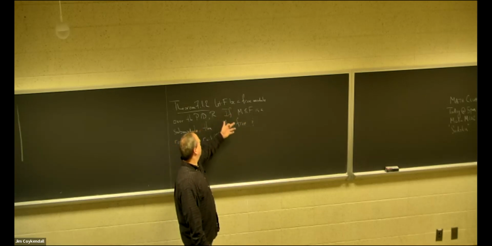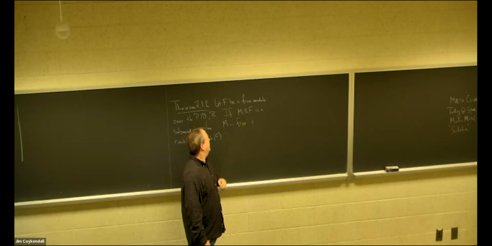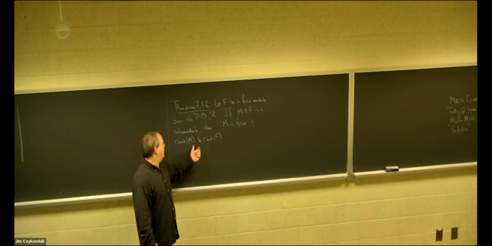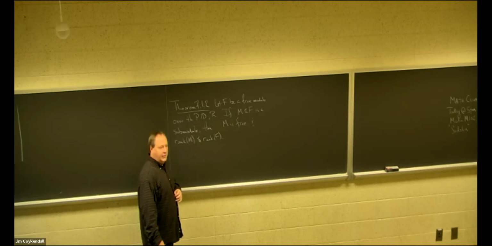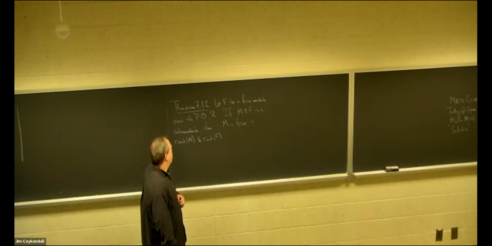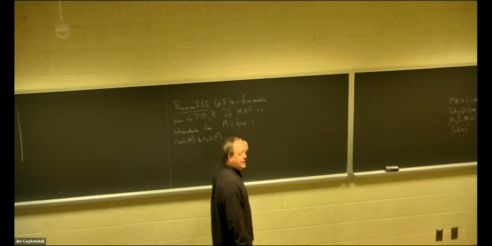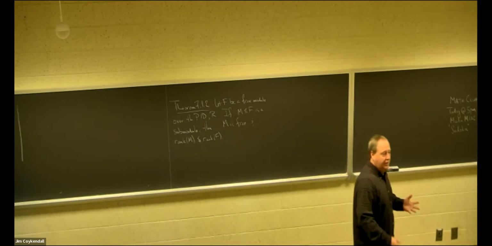If you're a free module over a PID, then if you have a submodule, it is also free and has rank less than or equal to the rank of the free module itself. Like I said, you actually need the axiom of choice to do this in general.